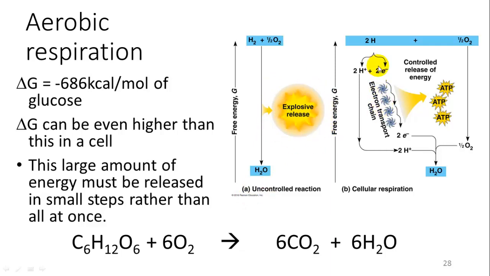But if we can do it in lots of different steps, which is what this figure is showing, you can take each of those steps and make ATP and then harness those ATPs to make available for energy. This is the equation for cellular respiration. You start with glucose, you add oxygen, and you end up with carbon dioxide, which is waste, and water.